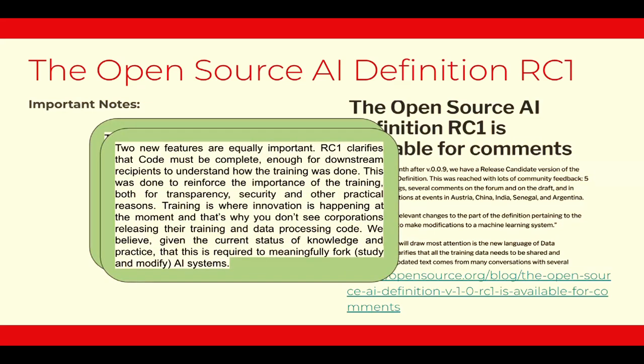They also had 2 other features. They're clarifying that the code has to be complete enough for downstream recipients to understand how the training was done. So one of the things they wanted to clarify was that you just can't give the code, right, essentially the neural network setup, maybe even the internal weights, and some idea of the data, and not tell them how you trained it, right?